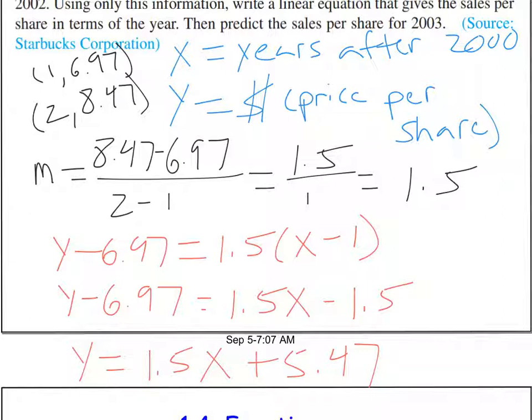Now you could check it. If you plug in 1, do you get 6.97? If you plug in 2, do you get 8.47? And now the last part, which I'll leave up to you. We want to use it to predict the price in 2003.